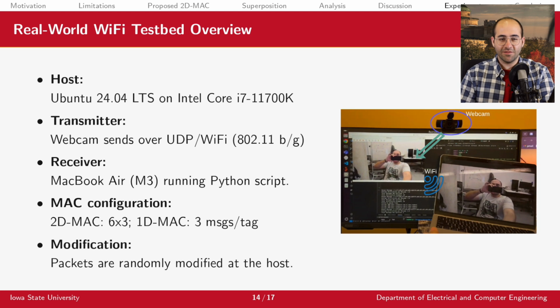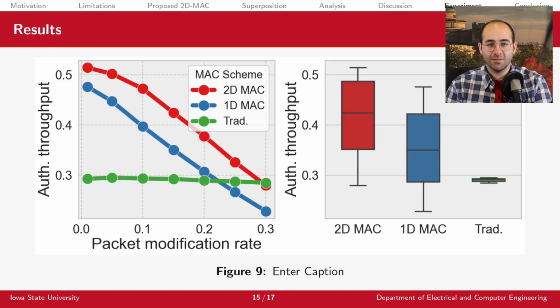To simulate an adversary, we randomly modified the packets with packet modification rates ranging from 1% to 30%. At each packet error rate, we transmitted thousands of frames and measured the resulting authenticated throughput. Here are the main takeaways from our experiments. 2DMAC outperforms the other two at small packet modification rates.